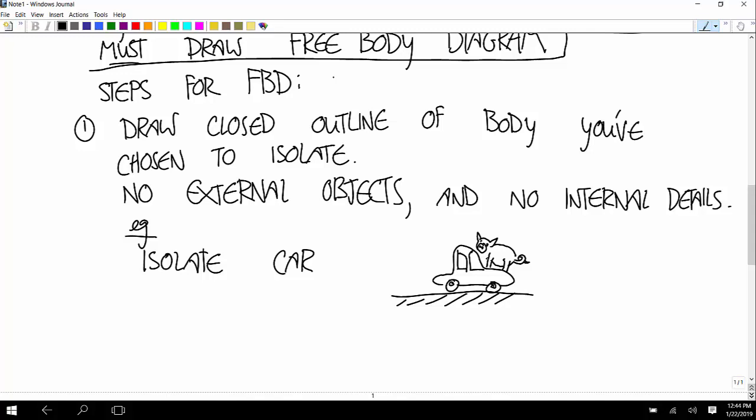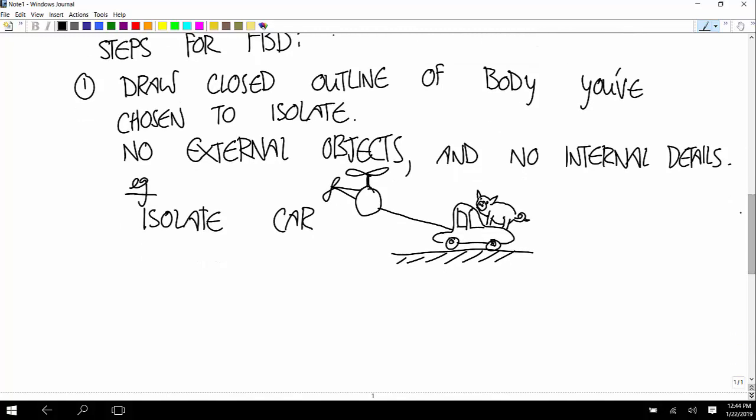So there's a pig on the roof. Actually, that looks like a cat. And there's a rope connected to the back that's being pulled by this helicopter. We're going to isolate the car, so all we're doing is drawing a closed outline of the car. That's what we draw.